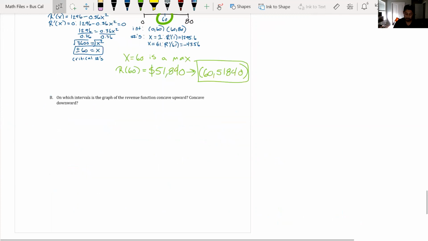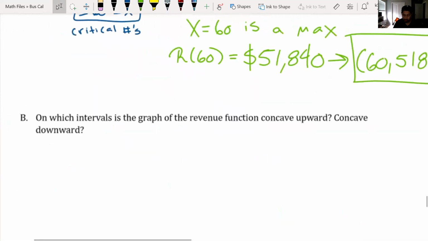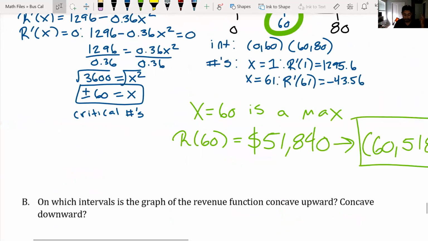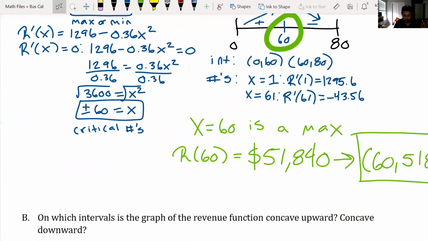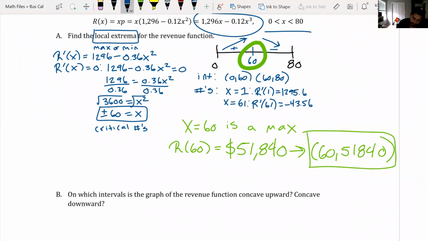Okay, last one. On which intervals is the graph of the revenue function concave up, concave down? So we're looking for concavity, so you know that means to take the second derivative. So there's my first derivative, which means that for my second derivative, r double prime of x, I'm just going to get 6 times 2, negative 0.72x.